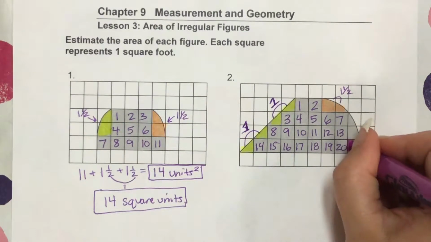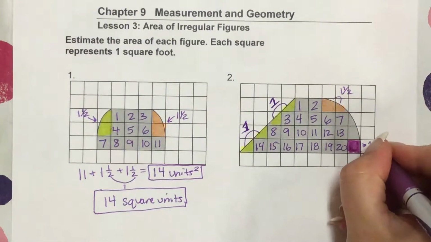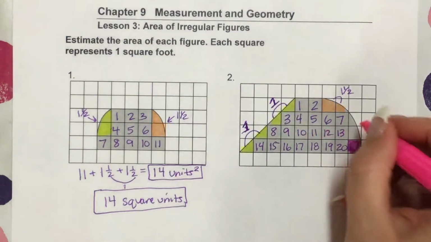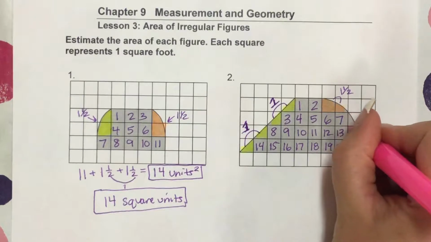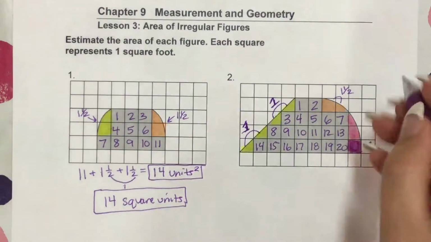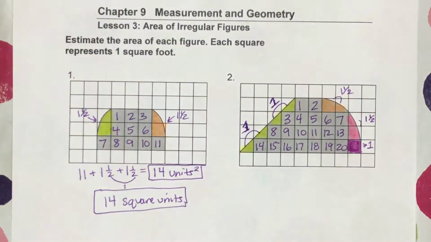So I'm just going to put a 1, that's a whole, okay? And then lastly, we have this, which is pretty close to a whole, and this, which is pretty close to a half. So we'll call that 1 1/2, okay?